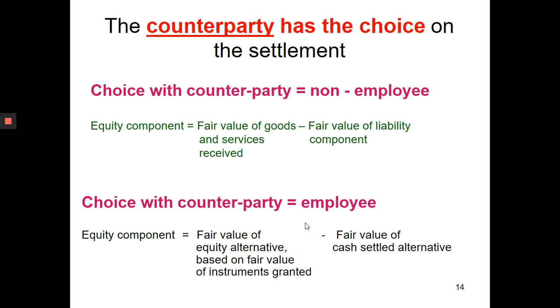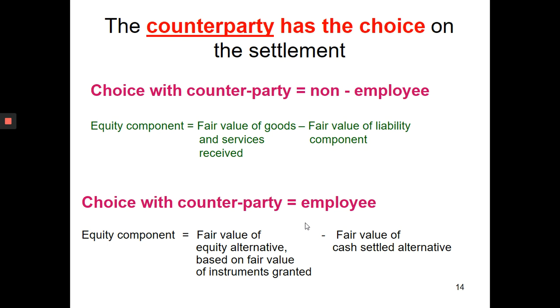Choice with counterparty and the counterparty is a non-employee. So how do we calculate the equity component? It is the fair value of goods and services minus the fair value of the liability component.